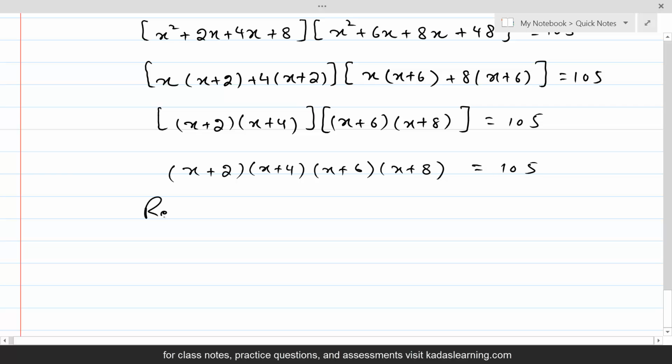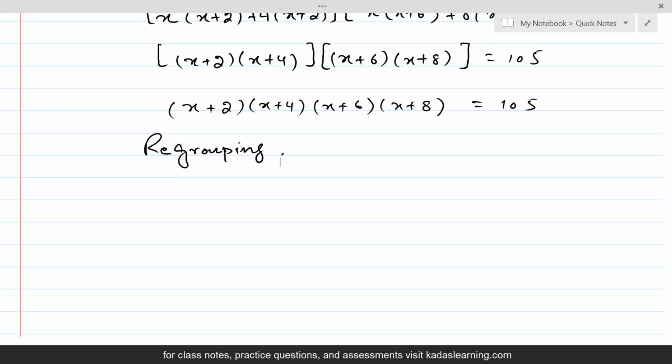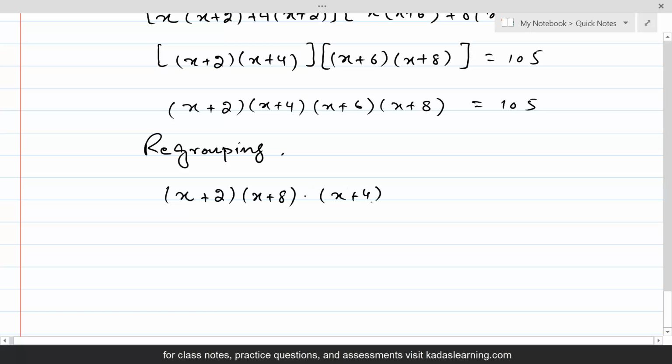Now regrouping will take place. In this regrouping, we are going to take two factors together so that the sum of constants is the same in both groups, which is only possible if we combine x + 2 with x + 8 and x + 4 times x + 6 equal to 105.